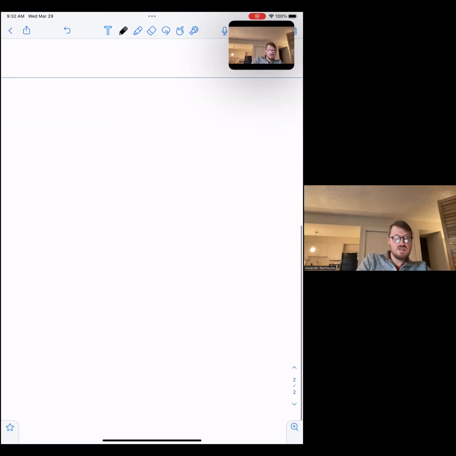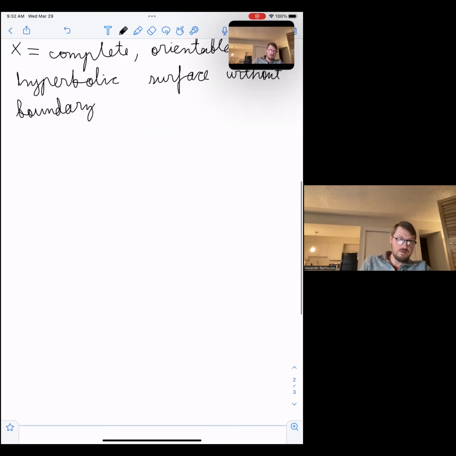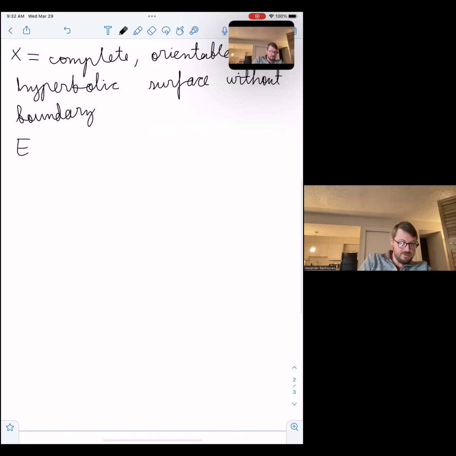So the setting is that we have a hyperbolic surface. So X is a complete orientable hyperbolic surface without boundary. There are quite a few probably very familiar examples.